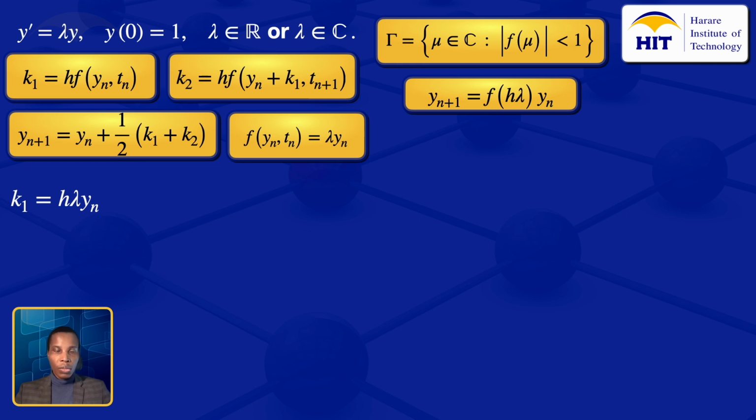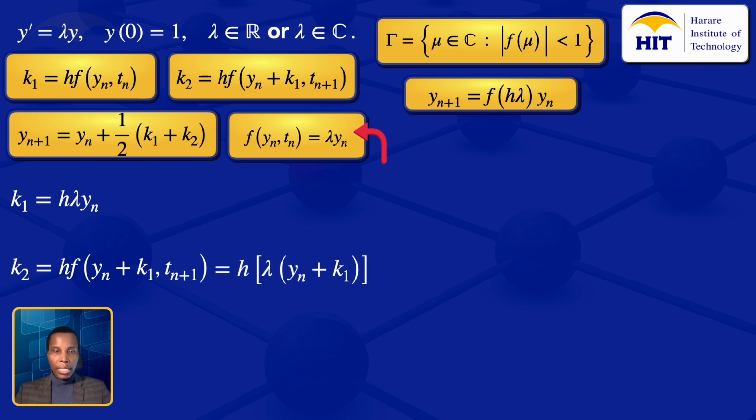Then for our k2 now, wherever we have y_n, we replace it with y_n plus k1. So k2 is equal to h multiplied by f of y_n plus k1, t_{n+1}. When we substitute y_n plus k1 into this formula, what we have is h multiplied by lambda multiplied by y_n plus k1.